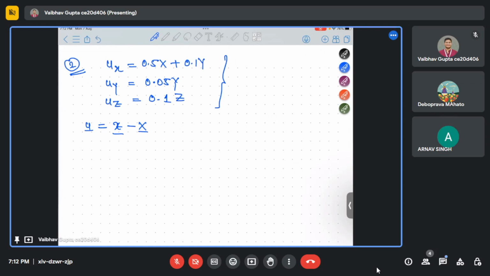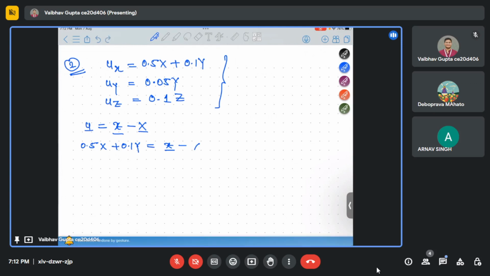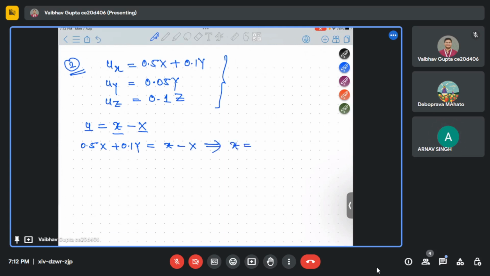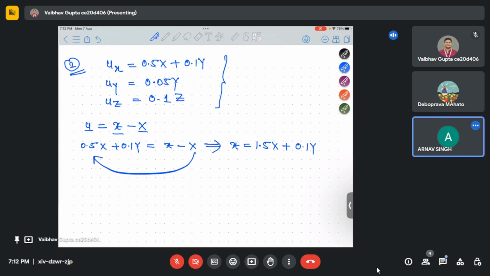You put ux: 0.5x plus 0.1y is equal to small x minus capital X. So now small x becomes 1.5x plus 0.1y. Got it?